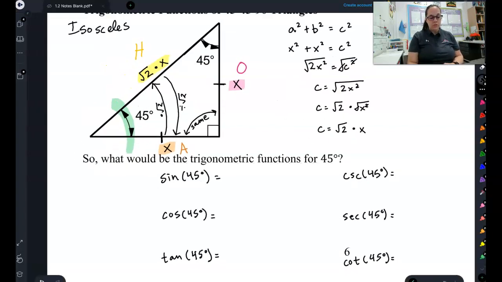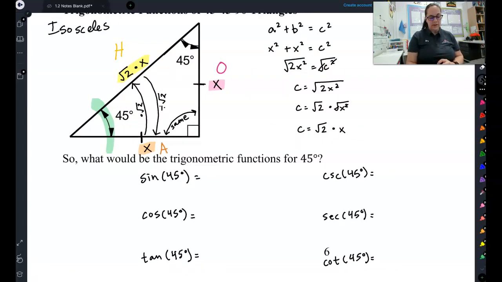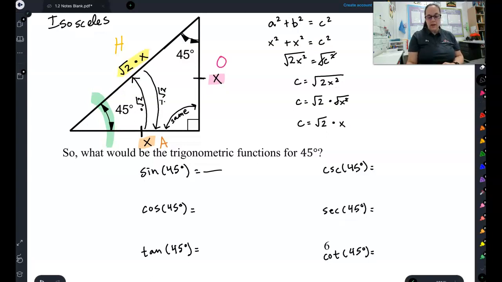So let me do the first one with you so you can kind of see what this looks like. I know that sine is opposite over hypotenuse. That's my SO in the SOHCAHTOA. My opposite this time is x. That's the length of the opposite side. And my hypotenuse this time is square root of 2 times x.